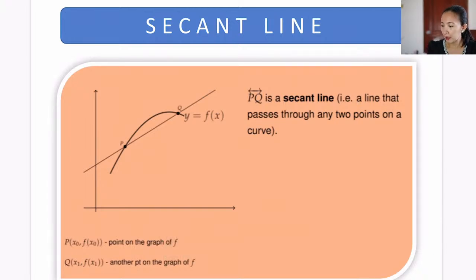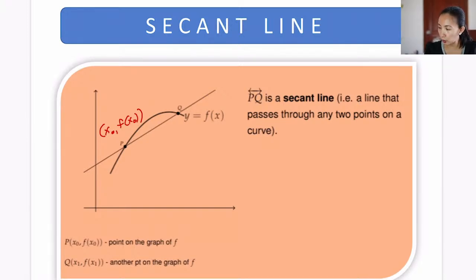So, let the coordinates of point P be x sub naught, f of x sub naught, or x sub O, f of x sub O. Okay, so this is a point on the graph. Let me label this point to be the point x naught, f of x naught. That's another way of reading it.